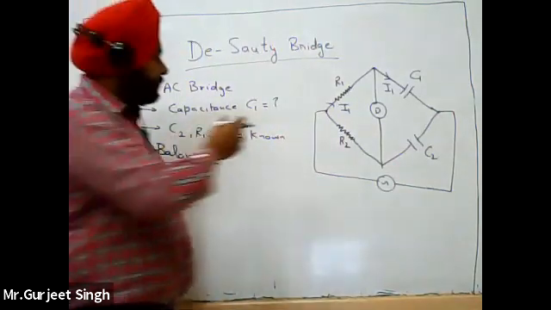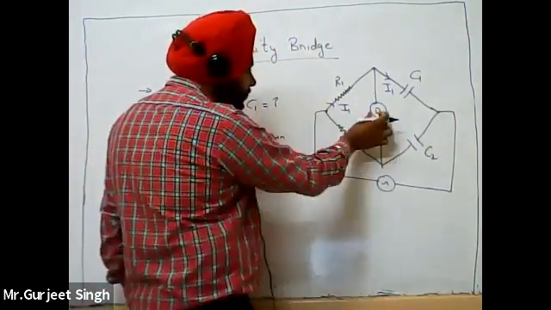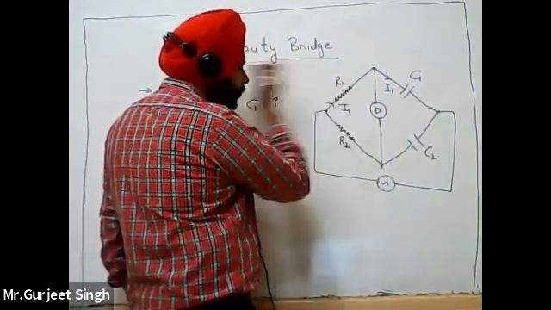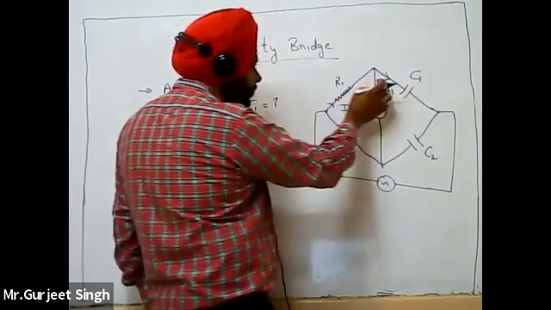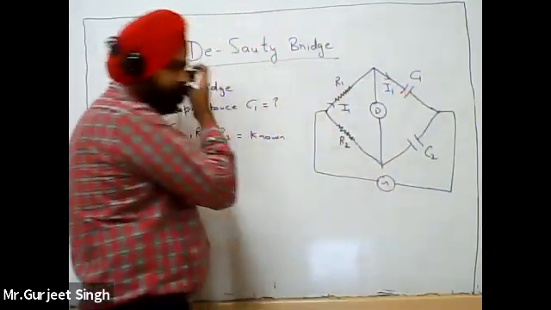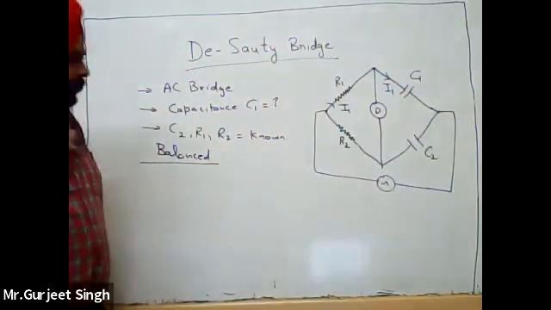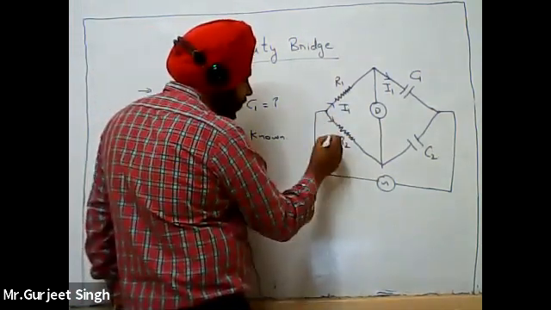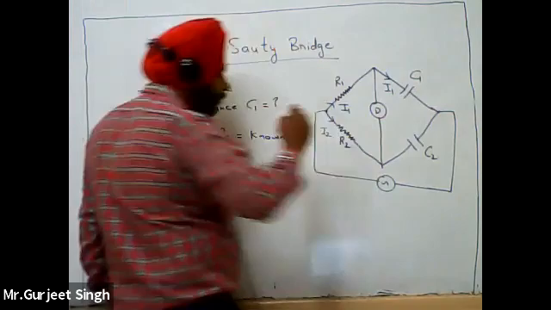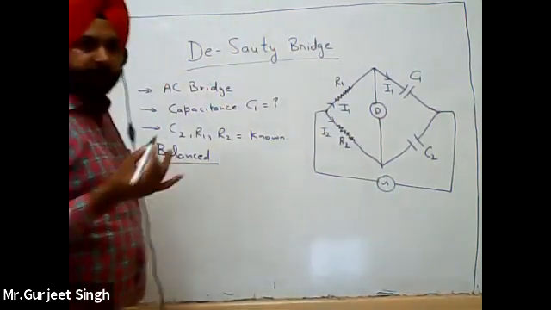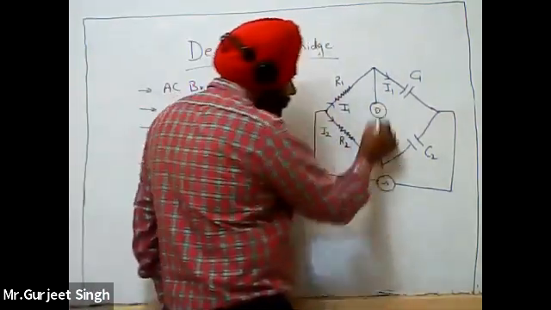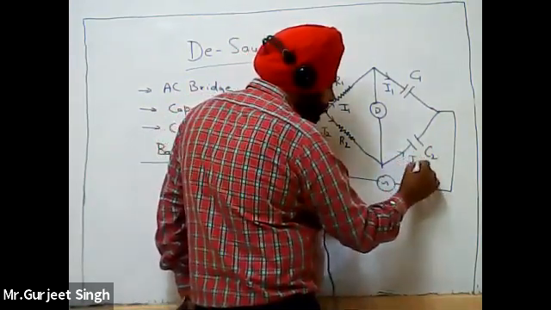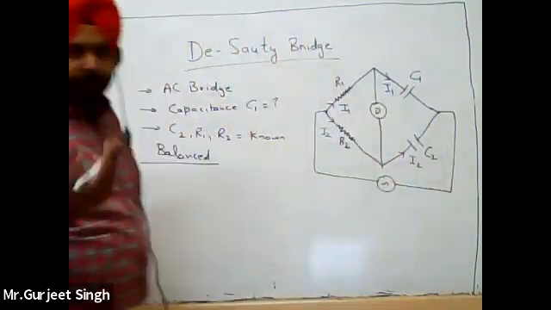Because at the balance condition this detector shows zero reading, the I1 current flowing through R1 is the same current flowing through C1. Similarly, through R2, I2 current is flowing, the detector shows zero deflection, and the same current flows through the C2 capacitor.